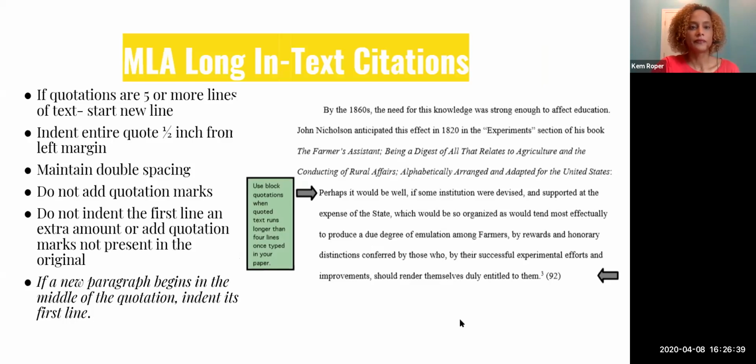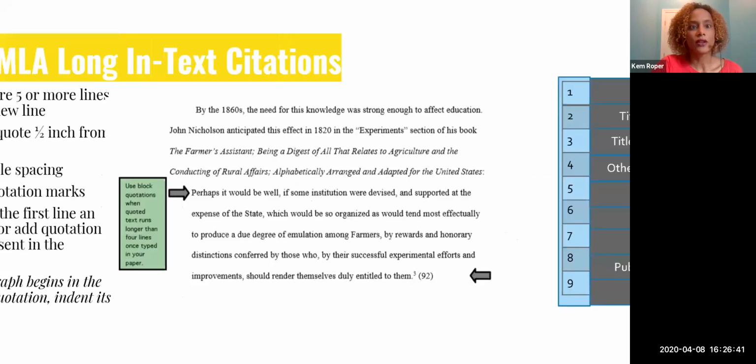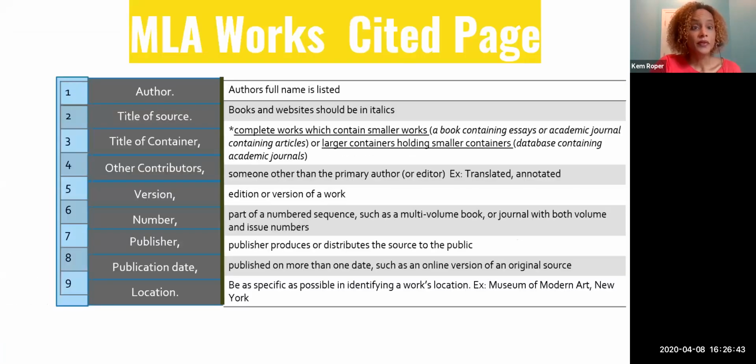Here's the breakdown of the MLA works cited page. Again, similar to APA, but with some slight differences, particularly being that the year of publication comes later in the citation than it does in APA. For MLA, we begin with the author's last name, the title of the source, and the title of the container, similar to what we talked about before.